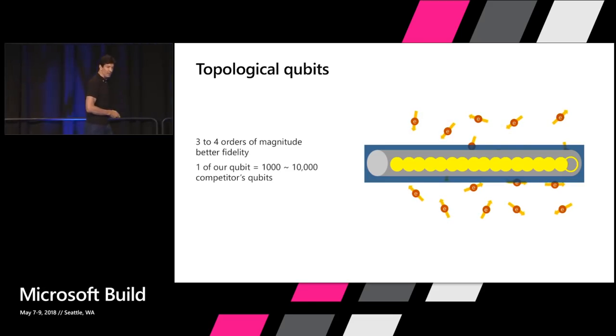So we can run computers with thousands of qubits, where the other types of qubits require many more just to error correct. We're on the verge, we think, of creating this topological qubit. In fact, we think we actually created it. It's called a Majorana fermion-based topological qubit. We think we've made it, but when we look at it, it disappears.